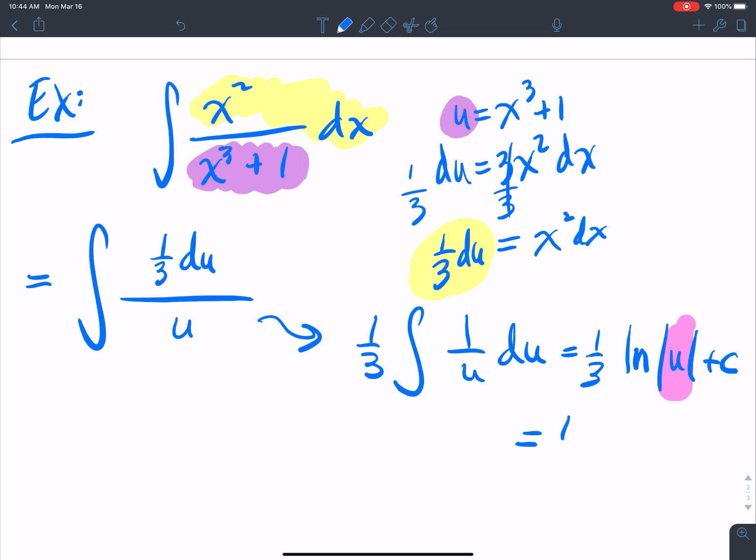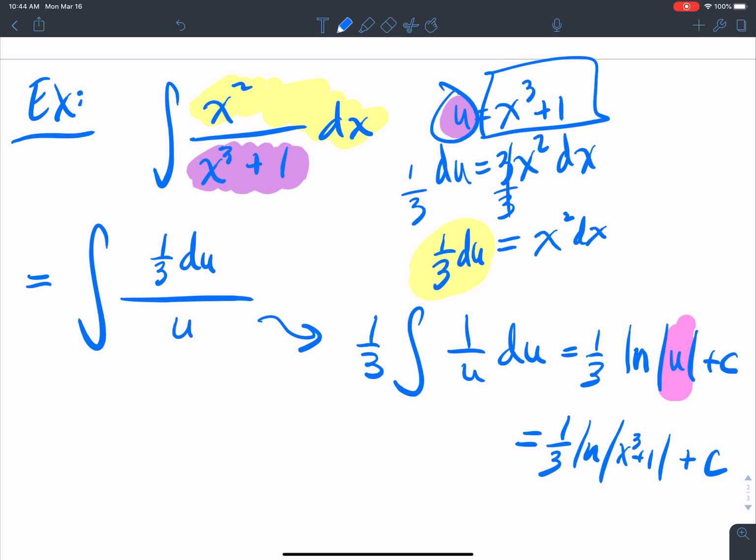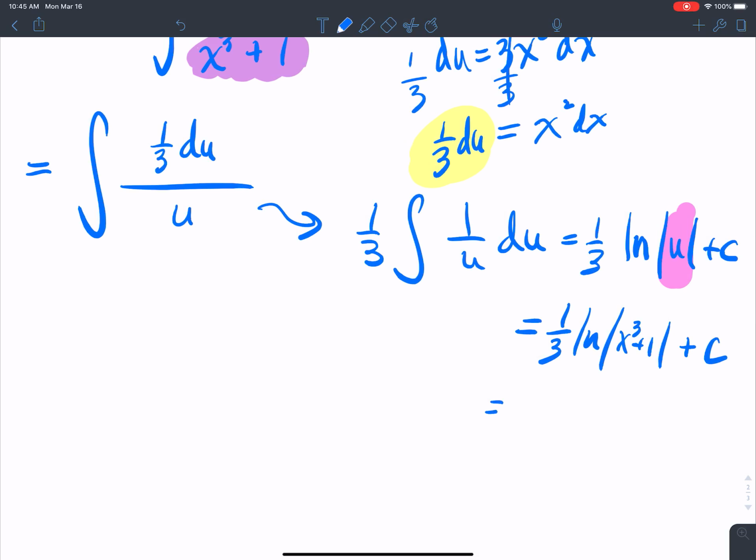The indefinite integral is 1/3 ln absolute value, x cubed plus 1, close absolute value, plus c, since u was equal to x cubed plus 1. And that's your answer. No big deal. If you really wanted to get fancy, you could write ln cube root x cubed plus 1. But, you know, that's getting fancy.